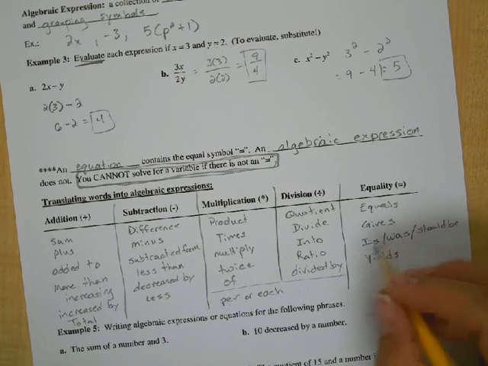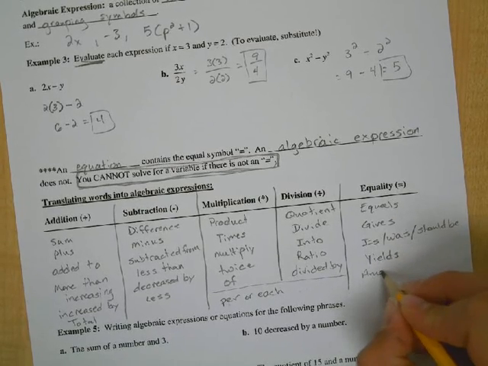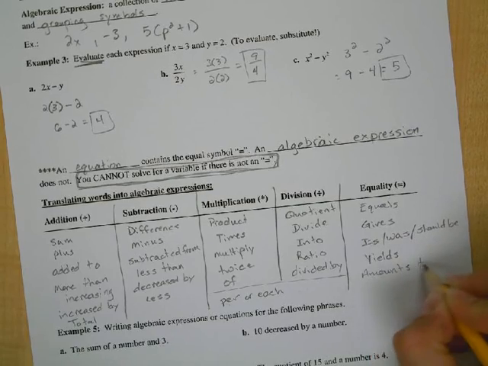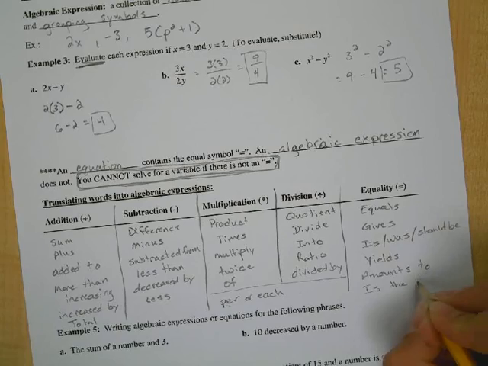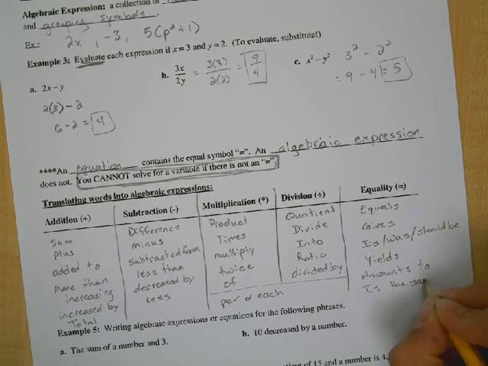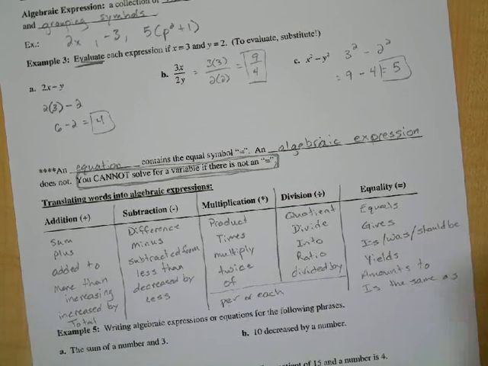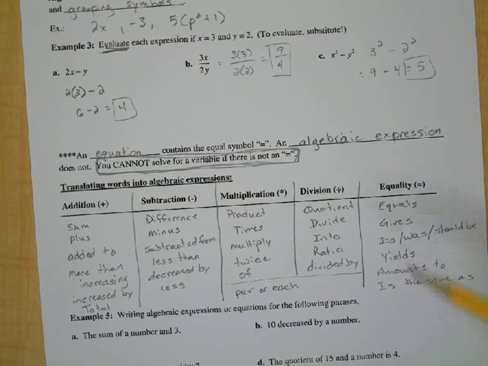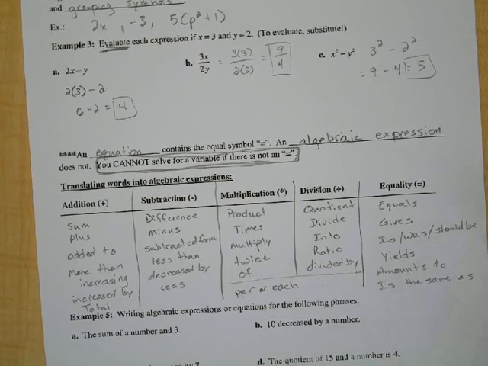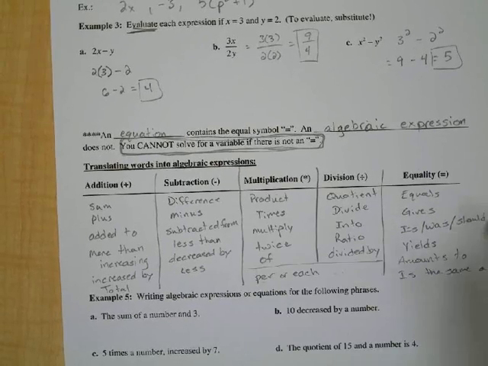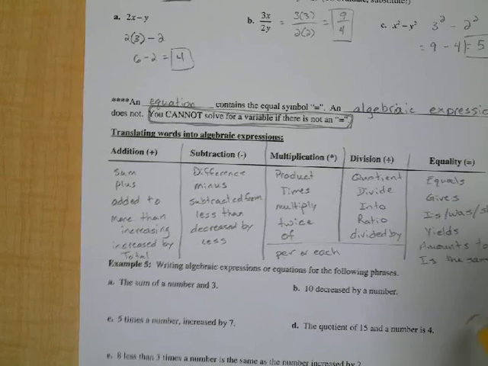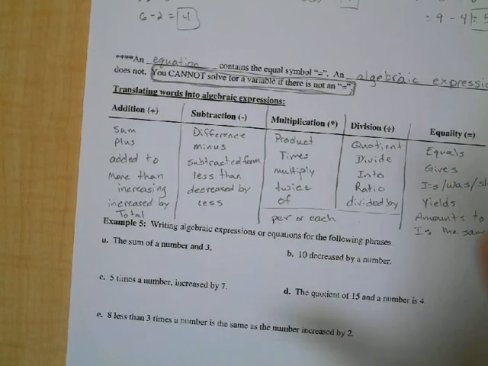Amounts to, is the same as. Again, these lists can go on and on in different forms and tenses of the exact same words. There are lots of other words as well, but this is just the basics. It has some of the keywords that you're going to see a lot.